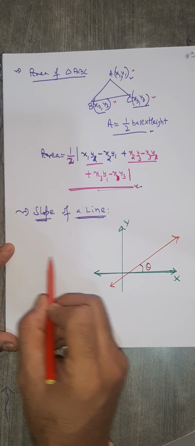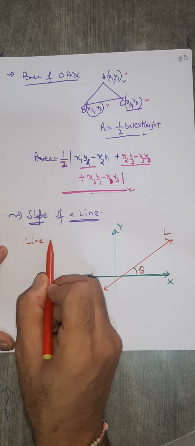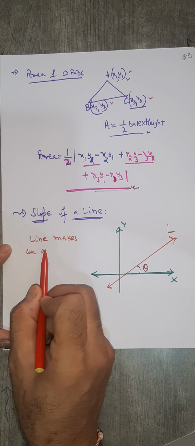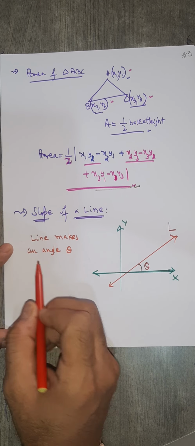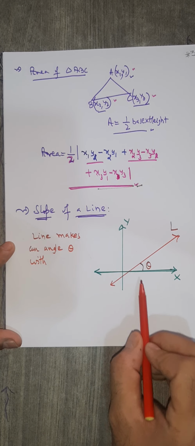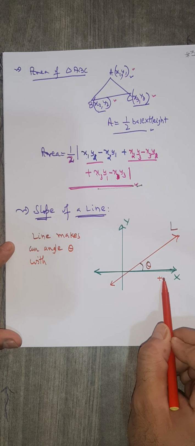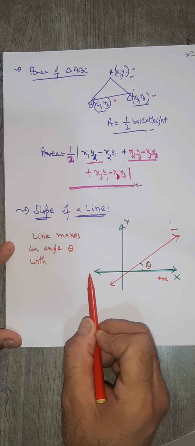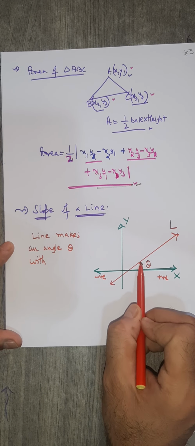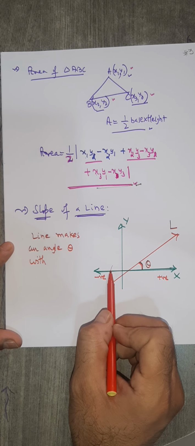So what is this theta? This line, let me call it line L. So here the line makes an angle theta with, you see the way I've shown the angle. This is the origin. If you move towards the right, this is sometimes called the positive direction. If I move towards the left, this is called the negative direction. I have not considered this angle; this is with the negative direction.